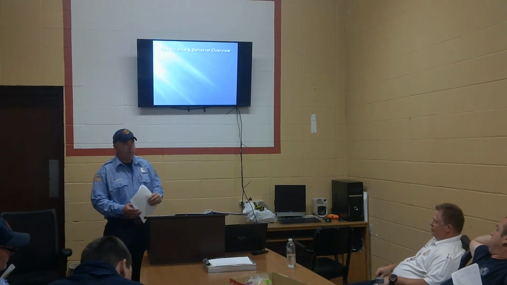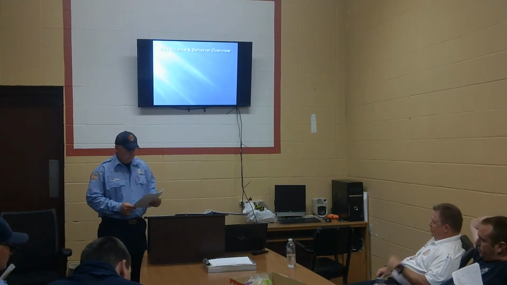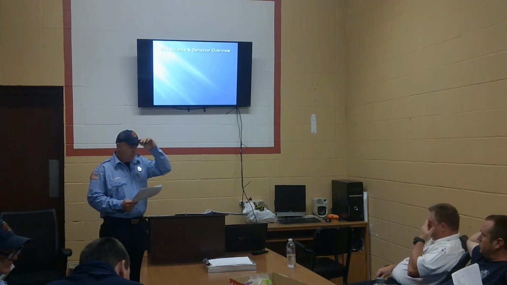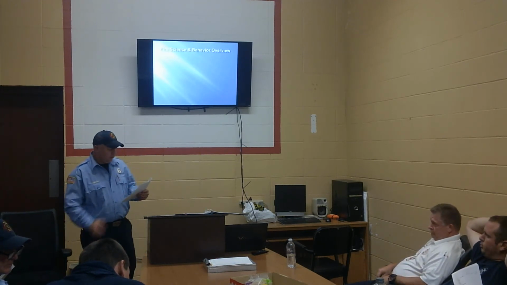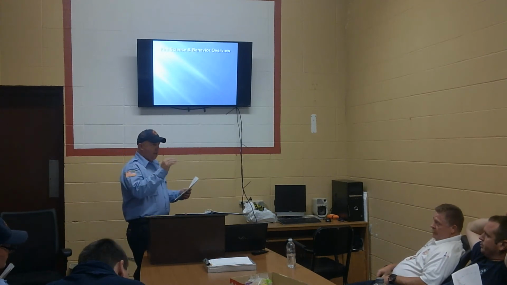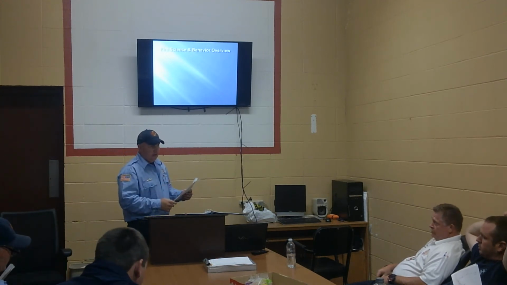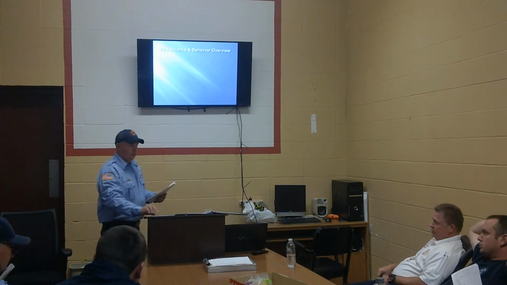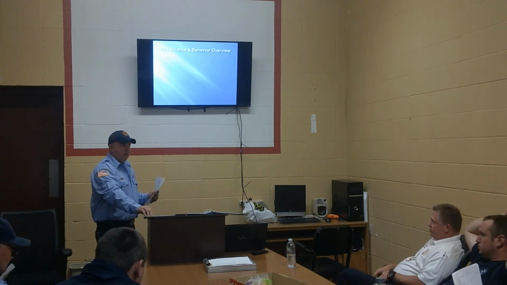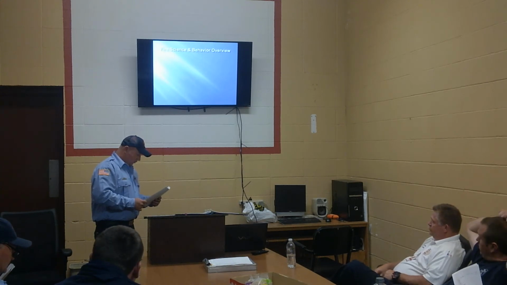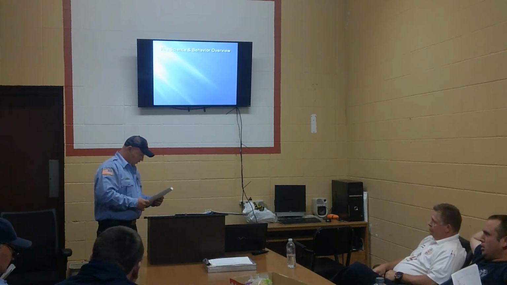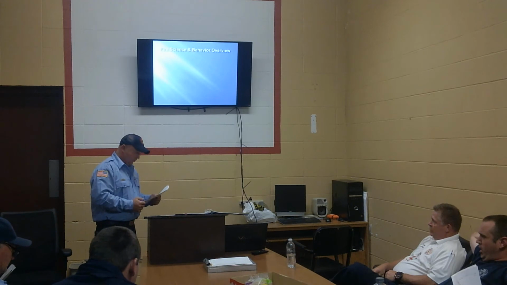What about Class B? Like gas, kerosene. And your flammable liquids. Your Class B fires can be broken down into Class B liquids and Class B gases. They're both Class B, but one's liquid, one's gas. Class C fires. Electrical.